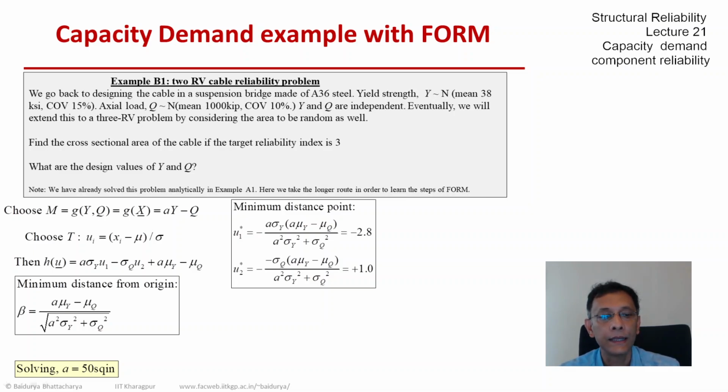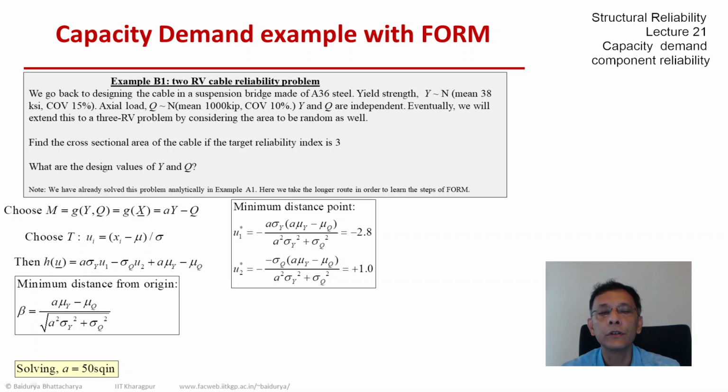It tells us that the most likely value, the point with the highest probability on the limit state line, is almost 3 standard deviations below the mean for the strength variable, which is U1, because U1 is a map from the yield strength, and U2 is a map of the load. The most likely value of the load is 1 standard deviation above the mean. So this is actually a very useful byproduct, if I may use the word, of FORM.